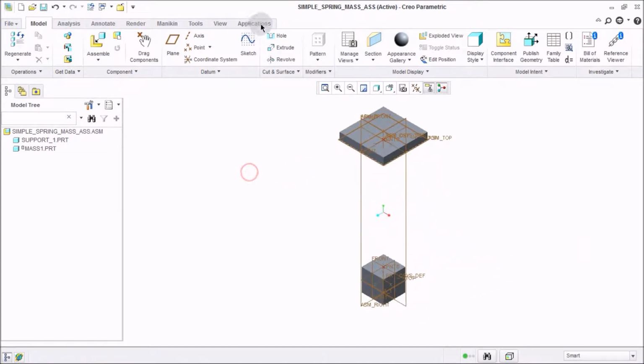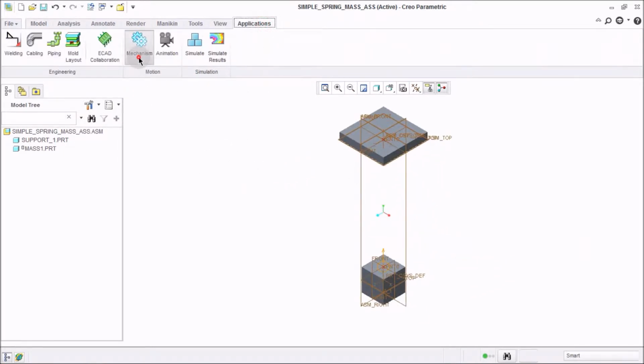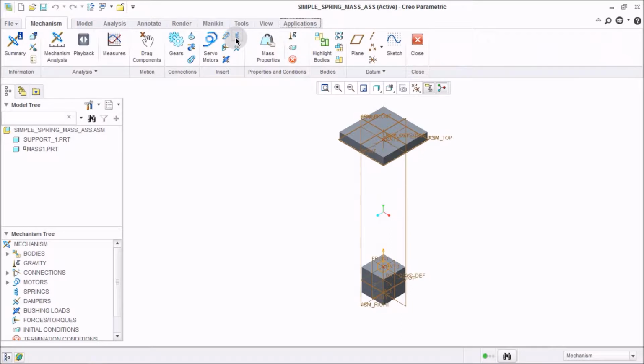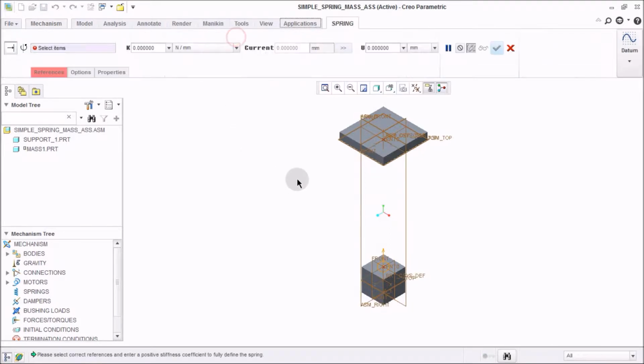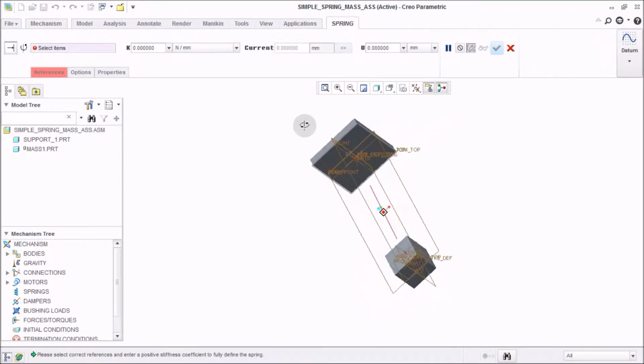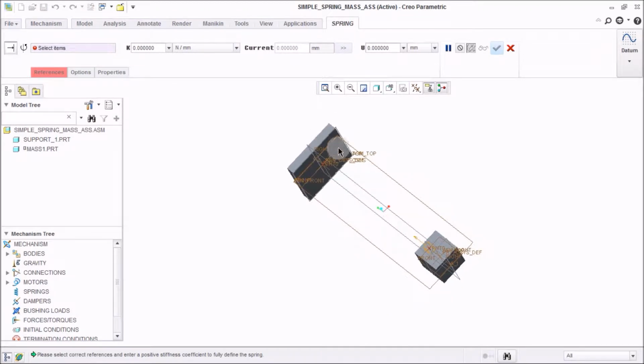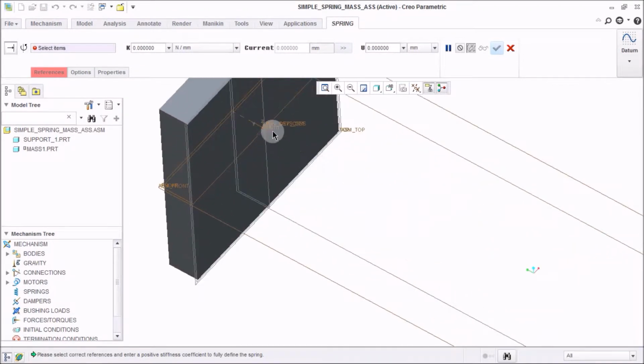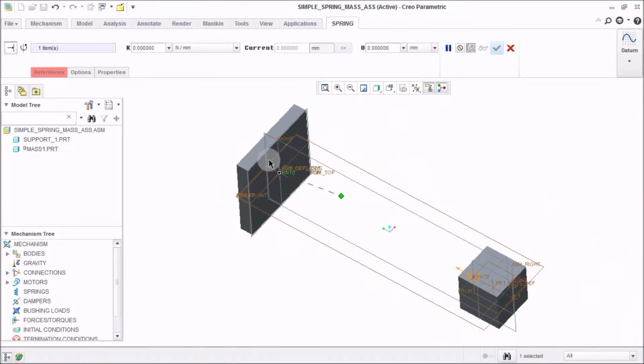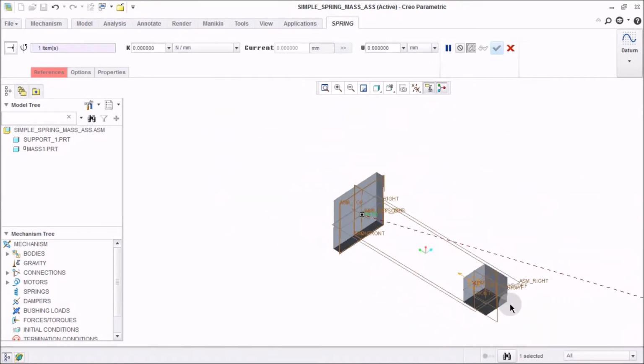Now go to the Applications part, then Mechanism, and select the spring menu. Here we want to create a spring from this fixed support to this mass. So you have to choose two points, the first from this fixed support and the other from this mass.